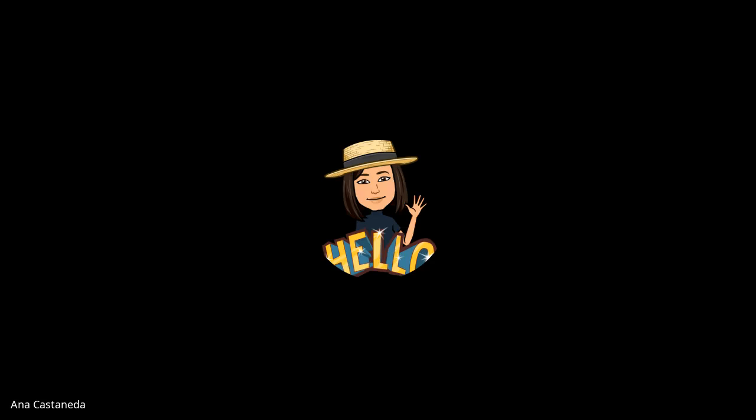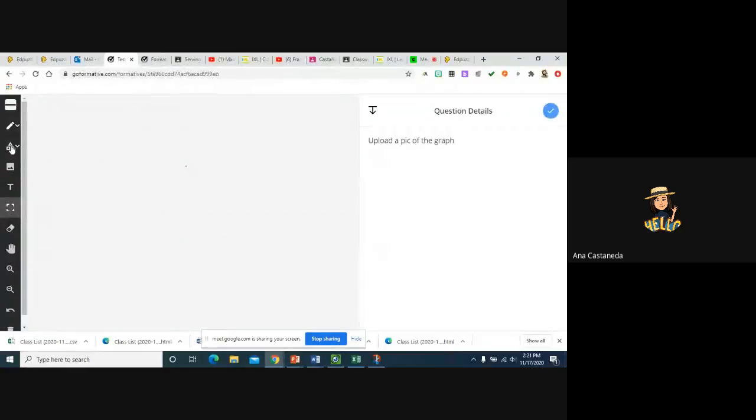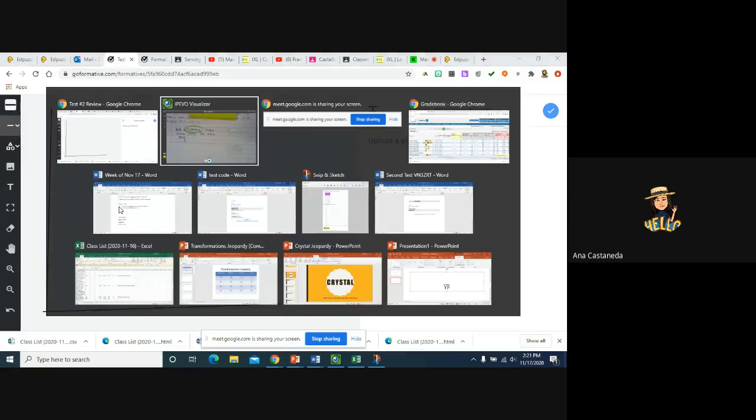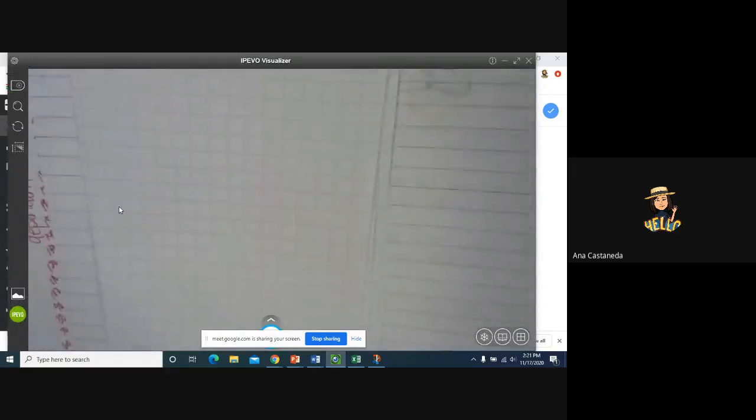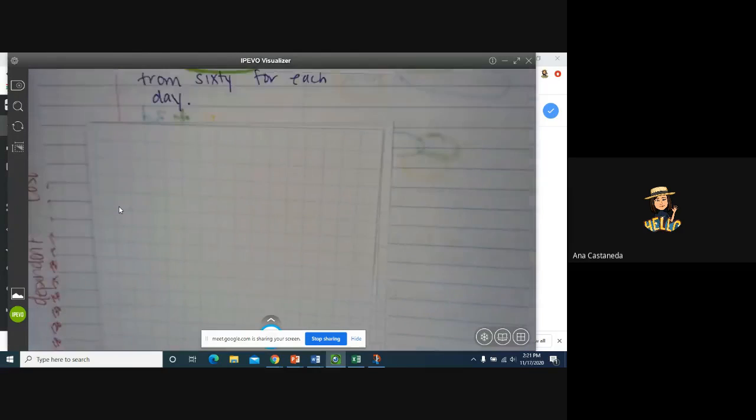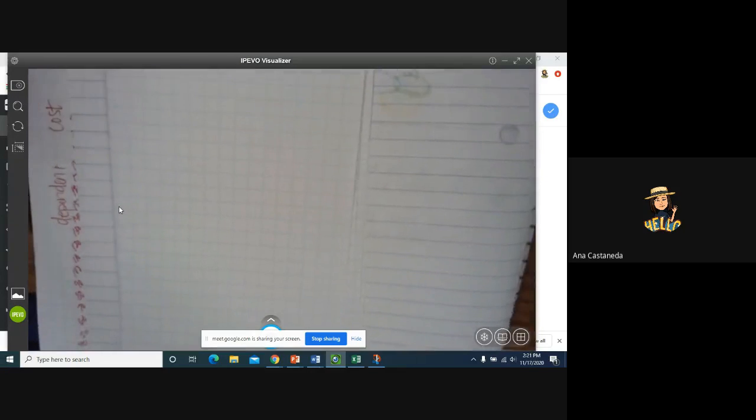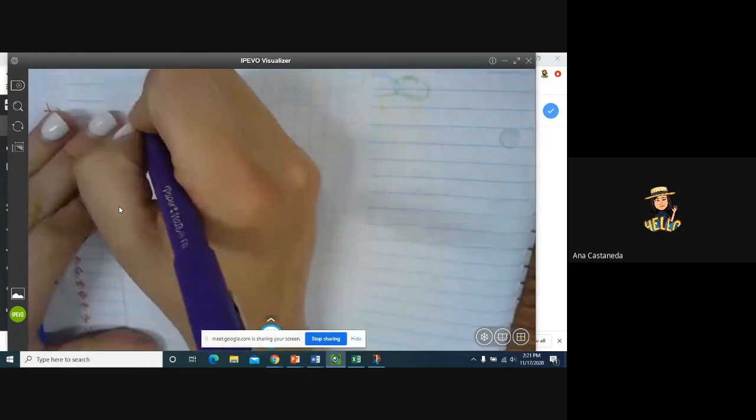Some people did it this way. I would not. I tried to do this earlier and it was kind of difficult to do it this way. So what I would do is draw it on paper. I would get a grid paper and do it on grid paper. So you can do that instead of drawing it out. You can just get a grid paper.